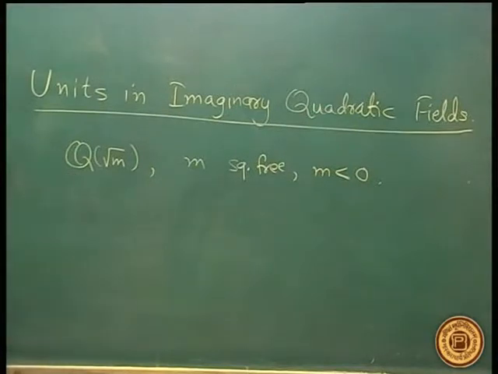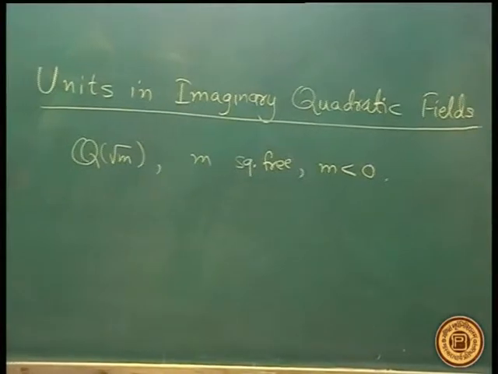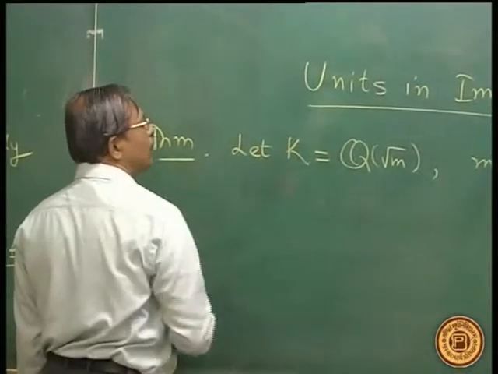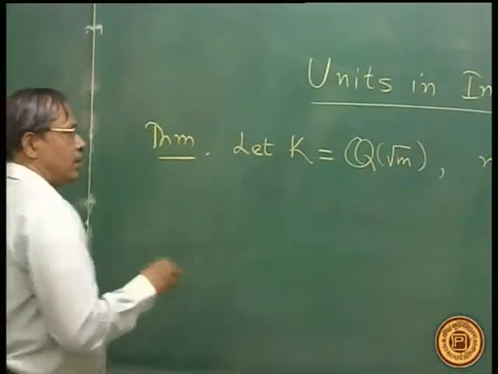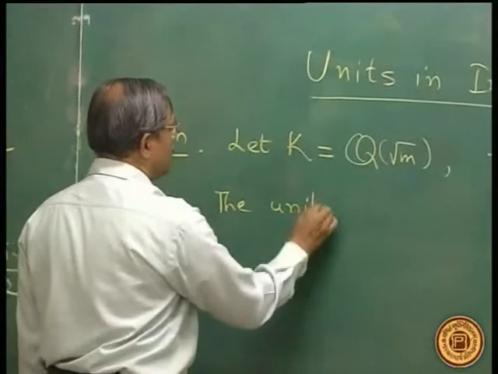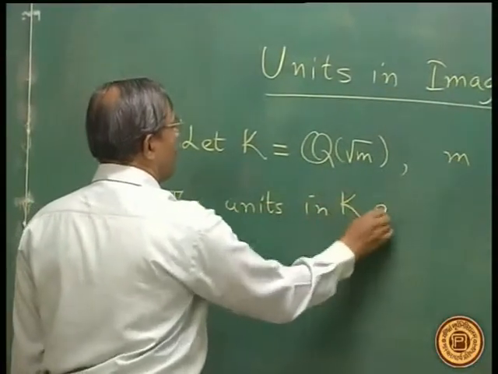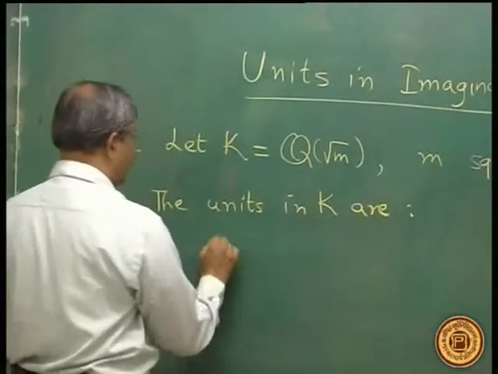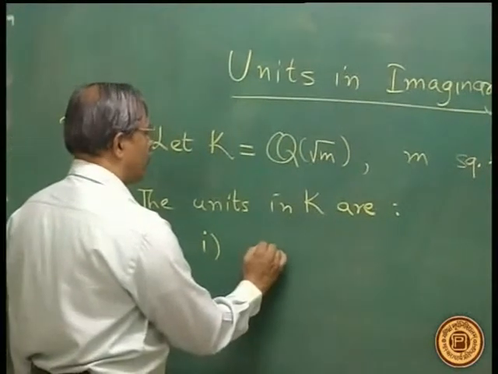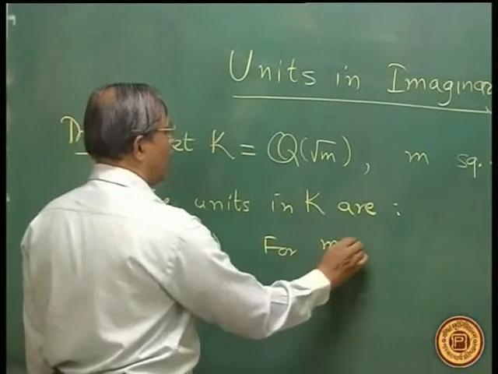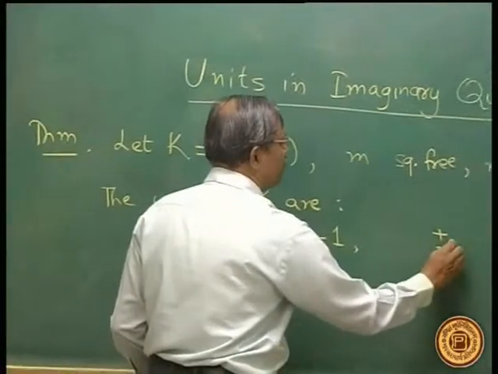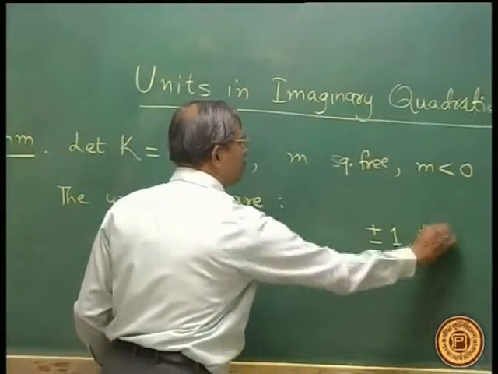And the theorem is: let K equal Q(root m). This is called an imaginary quadratic field. The units in K are, for m equal to -1, plus or minus 1, plus or minus i.